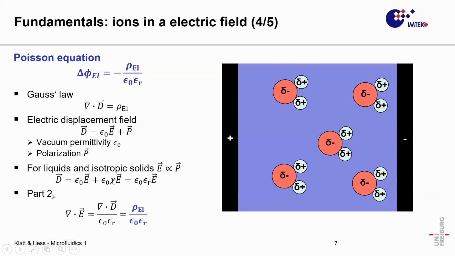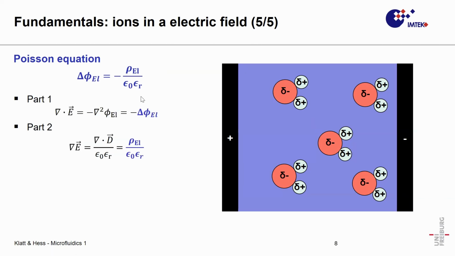And finally, if you now get the gradient of the electric field, you will get the gradient of the displacement field divided by those two factors, and you end up with the result of the right-hand side of the Poisson equation.